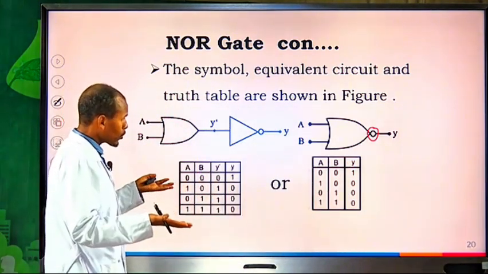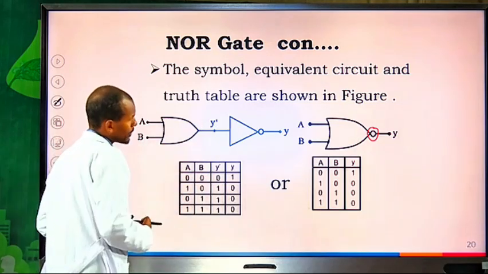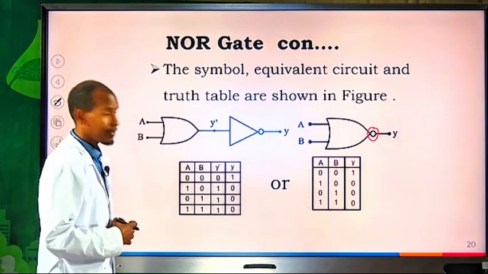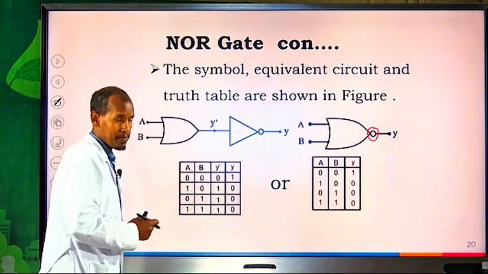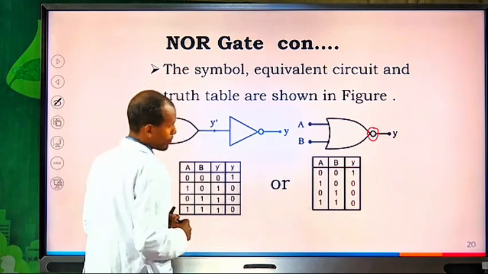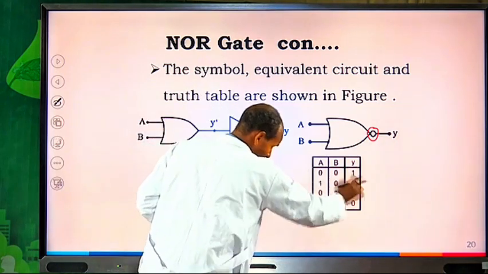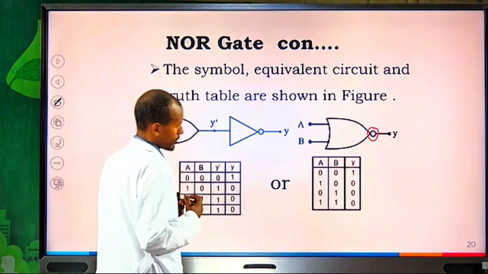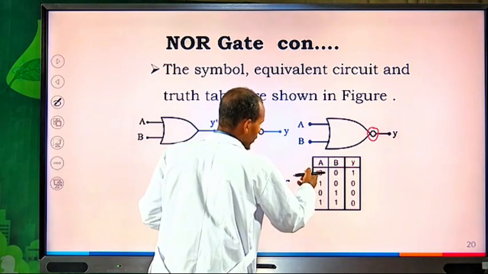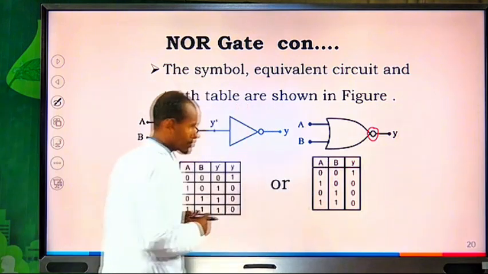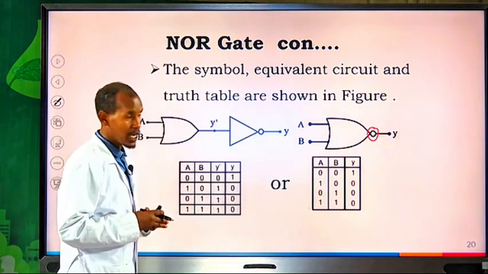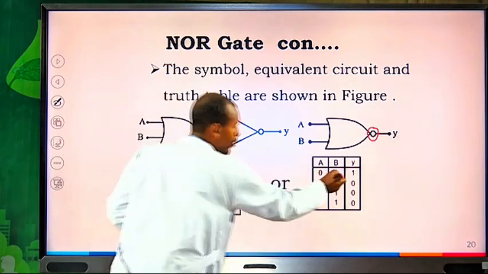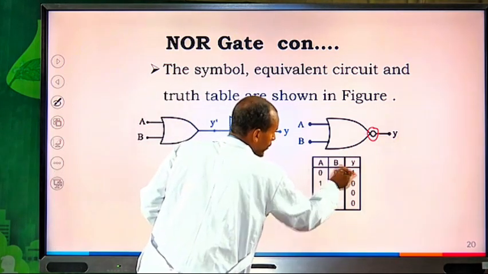And if you look at the truth table, this one is for the first figure and this one is for the second diagram or symbol. Both are the same, except here we have the OR in one step, then this one eliminates that step. If we look at this output, all are the reverse of the OR gate. For example, the first one, A OR B is 0, and if we connect this one with NOT, the output is NOT 0, which is 1.